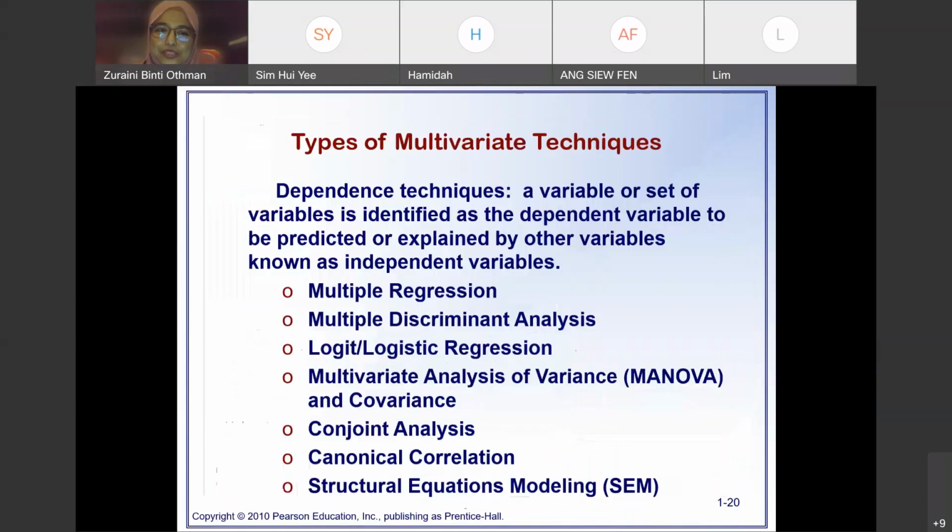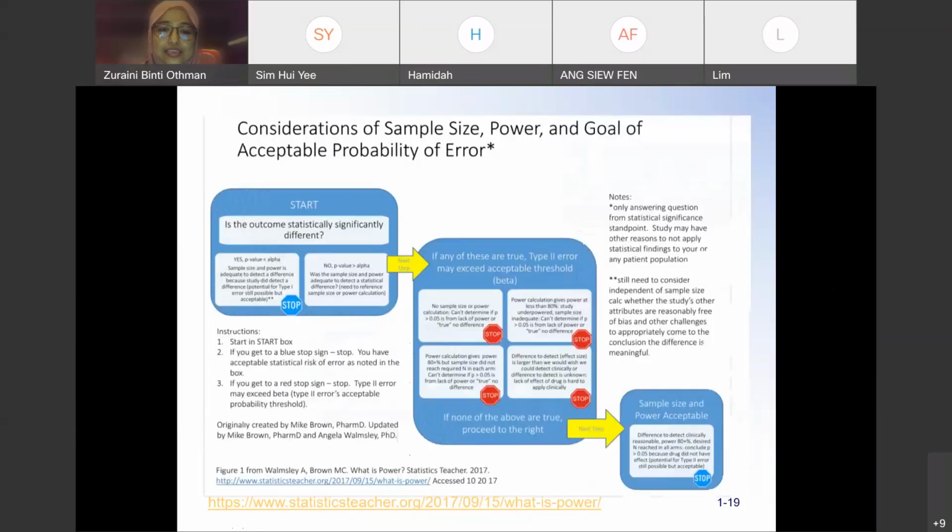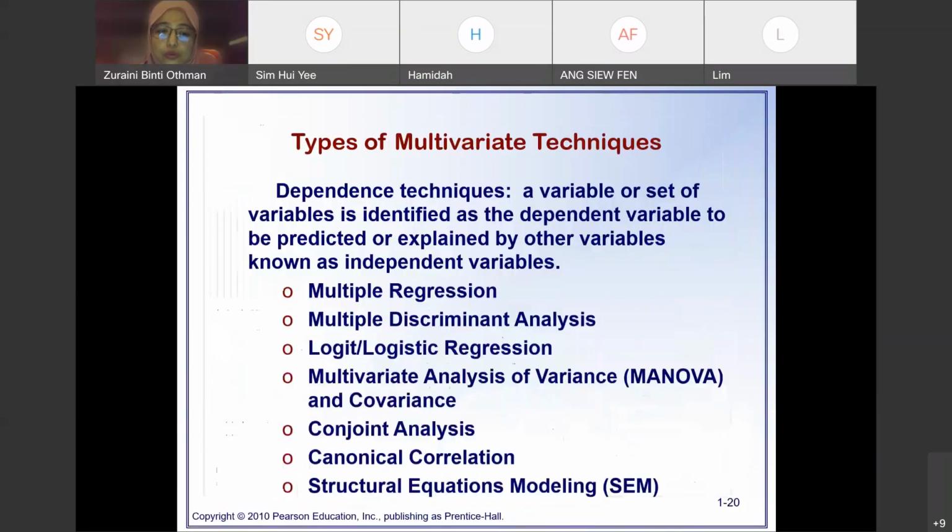Okay, we may continue. But here is about the overview. In the exam we will not ask you how to design this multivariate data analysis. For this case, it is not like that.